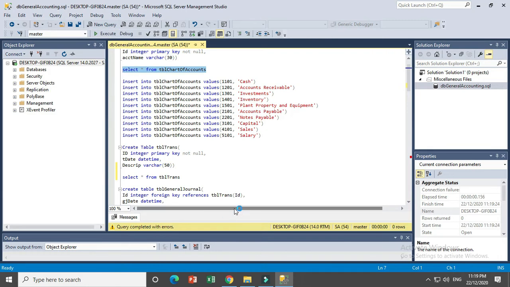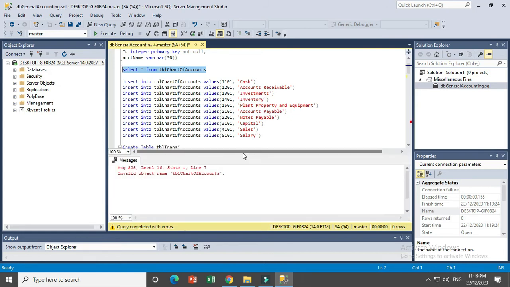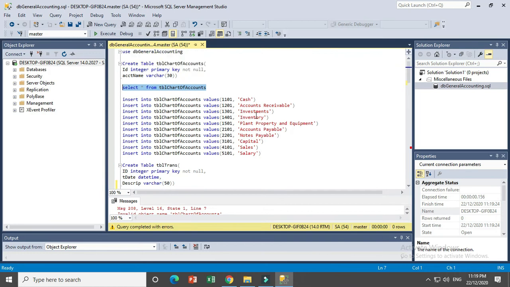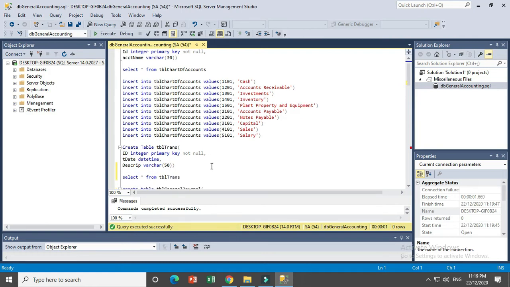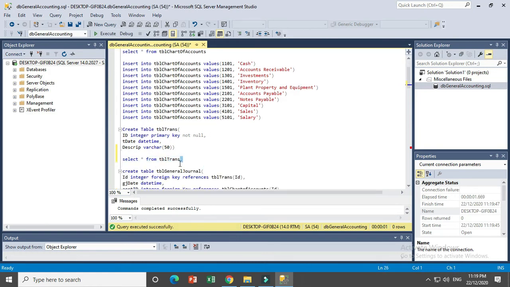I don't know why it's generating some errors. Okay, so I think we haven't referenced the database yet. So we have to reference that. Okay, now we are in the database.